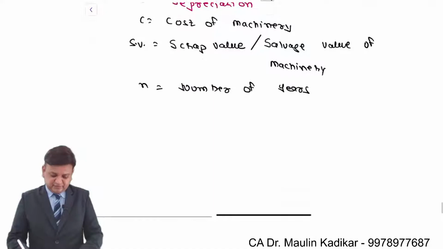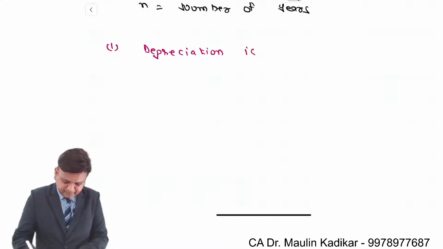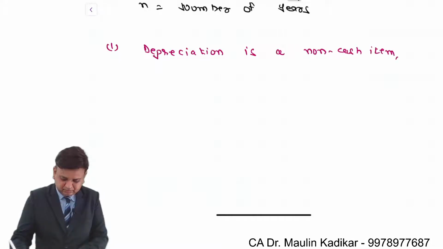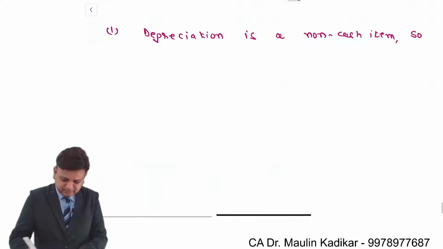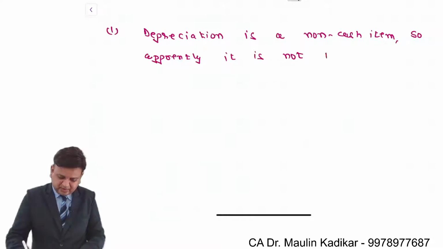In this, write down with paragraph. First point, depreciation is a non-cash item, comma, so apparently it is not required to be calculated.